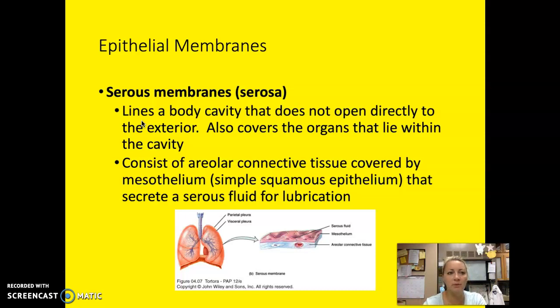A lot of times these are going to be lining body cavities and prevent friction from occurring. So when it says here fluid for lubrication, this will be like in the heart, there's a sac around the heart so that when it beats, it's not bumping into anything else. It's got its own cavity that it sits in.